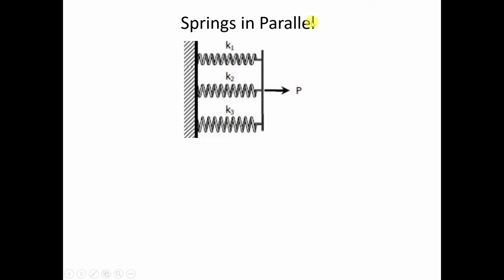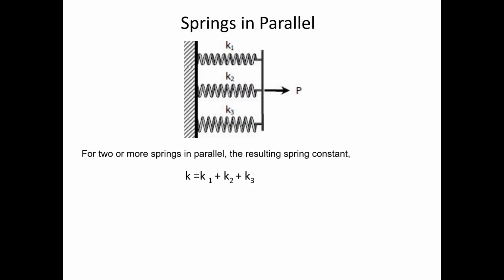Similarly, instead of adding in series, suppose you have added them in parallel. Suppose you have three springs whose stiffnesses are K1, K2 and K3, and you have added them in parallel and applied a pulling force P. So let's have a look. What is the new value of stiffness K?